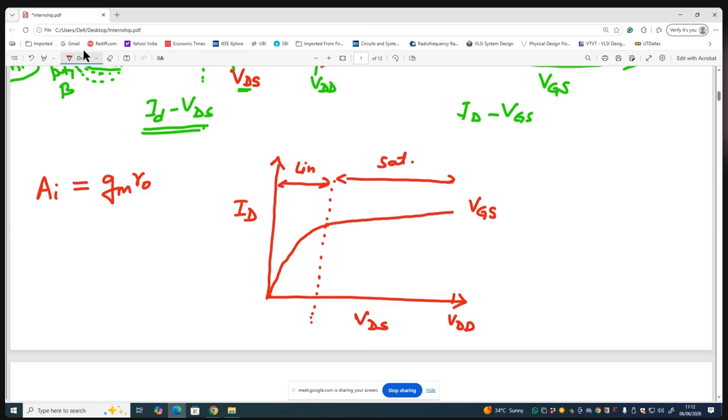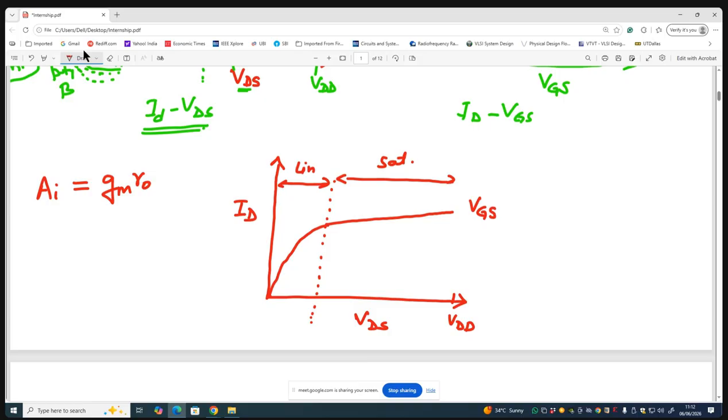The gmro of a transistor is a characteristic parameter of any technology node. If for a given technology node gmro is higher, it implies that using that technology node you can design amplifiers that will offer you higher gain.